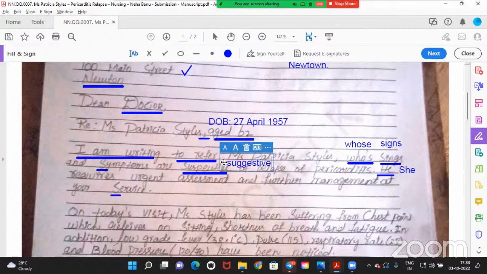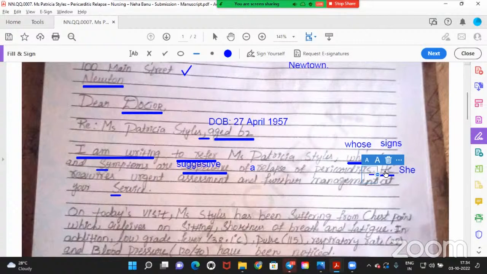A relapse, suggestive of a relapse, countable, a relapse of pericarditis, comma. Remove this full stop and put a comma. So Miss Patricia Styles, comma, whose signs and symptoms are suggestive of a relapse of pericarditis.